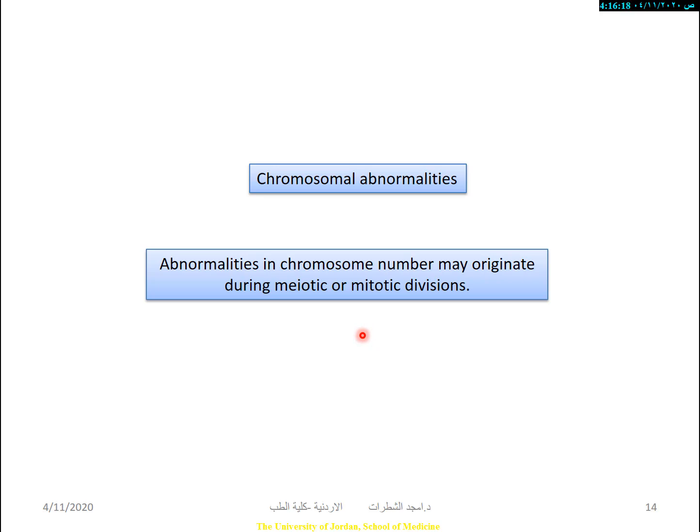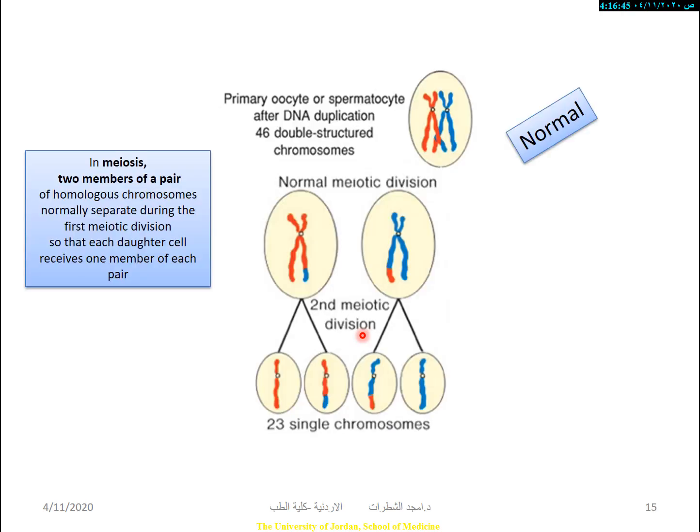For example, when the spermatogonia become primary spermatocyte, mitosis increases the number. Meiosis is when we go from primary oocyte to secondary oocyte, and from spermatocyte as well. So let's talk about it briefly.